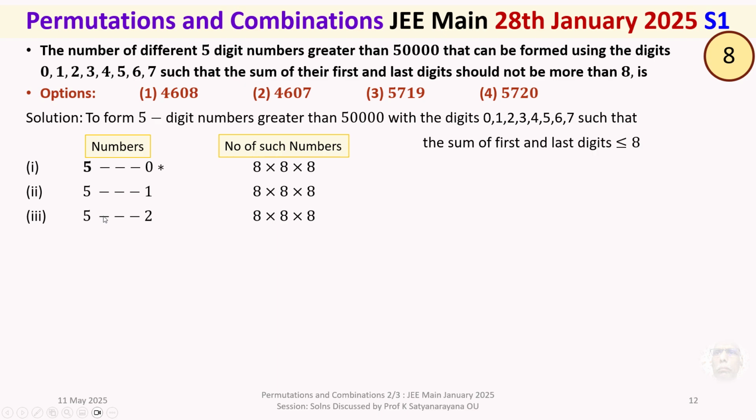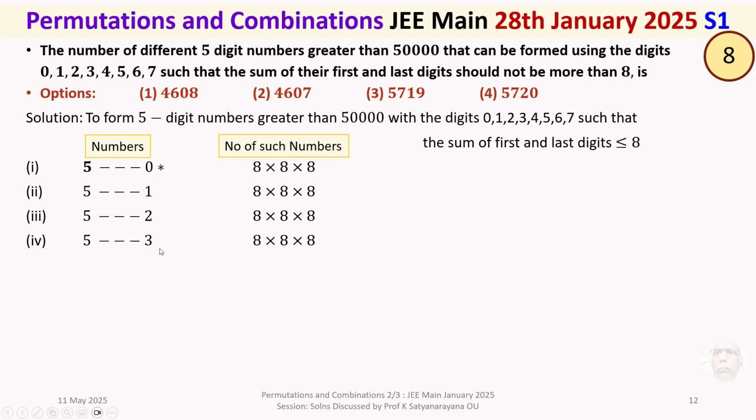So 8 into 8 into 8. First position 5, last position 3: 5 plus 3, 8, less than or equal to 8. So we can tolerate this, 8 into 8 into 8. Now we cannot put 4 after 3, because 5 plus 4 is 9, which is exceeding 8. We have to consider only less than or equal to 8.